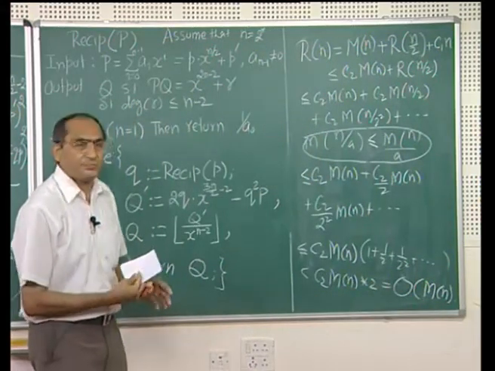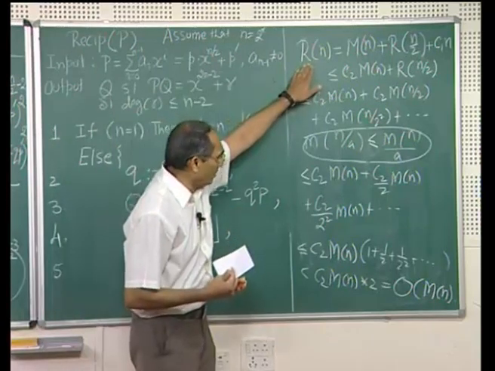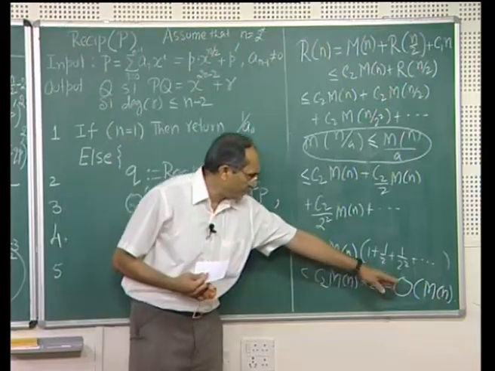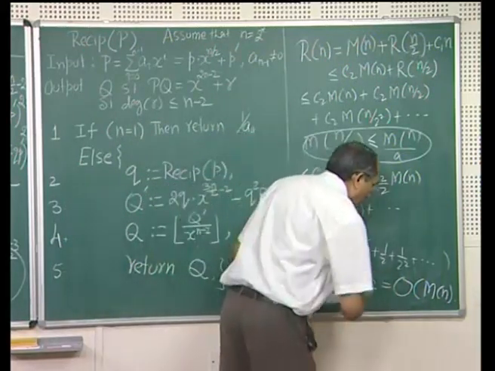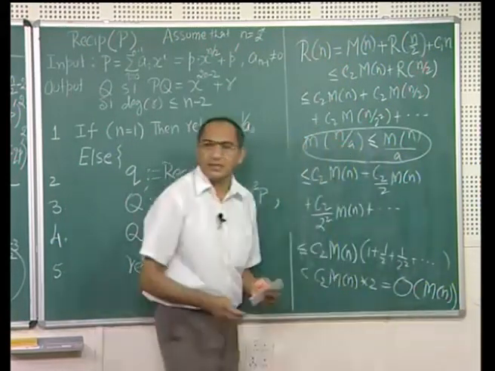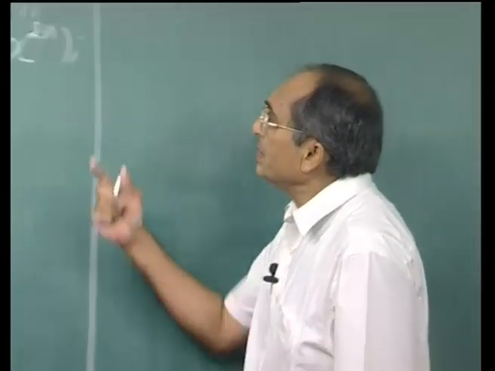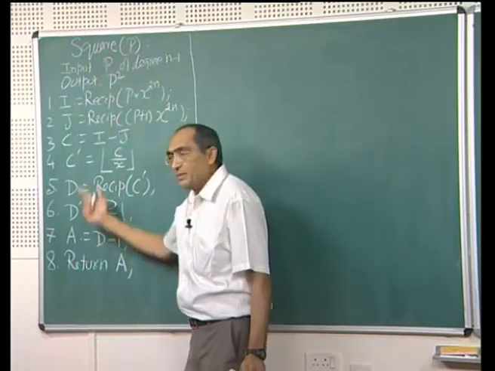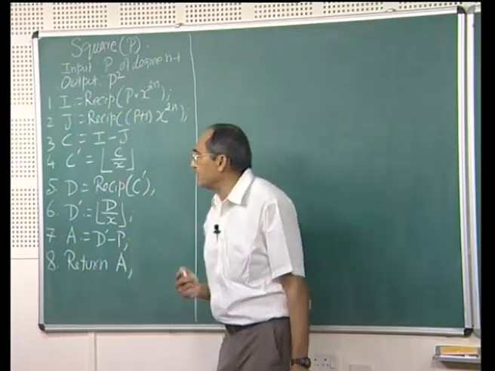So, what we have proved is that the reciprocal computation does not take more than order of the time that a multiplication takes. So, next we are going to show that the squaring does not take any more time than the reciprocal of a polynomial, and the algorithm that we are going to use is almost the same as the one that we had used for integers.